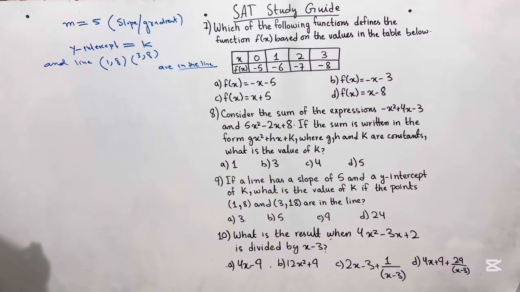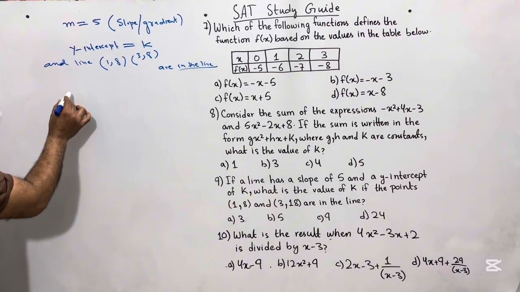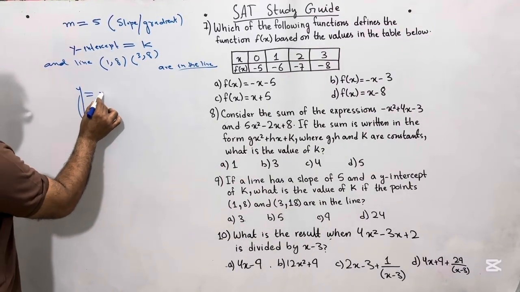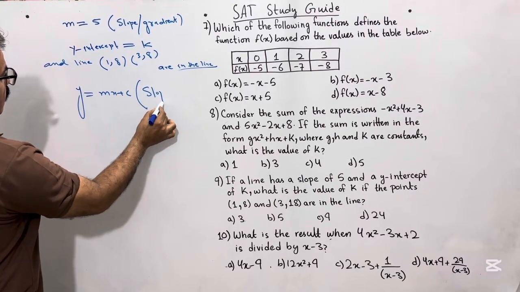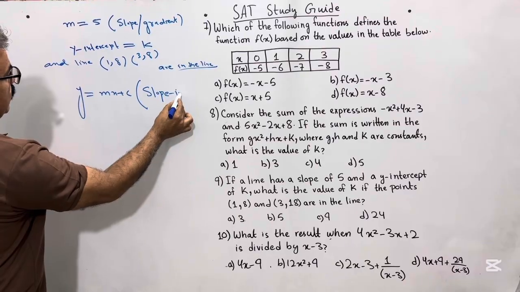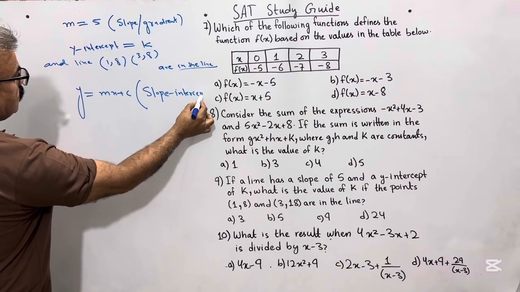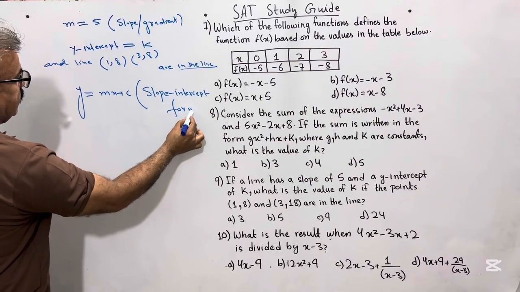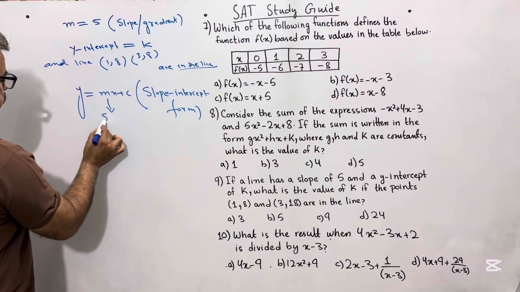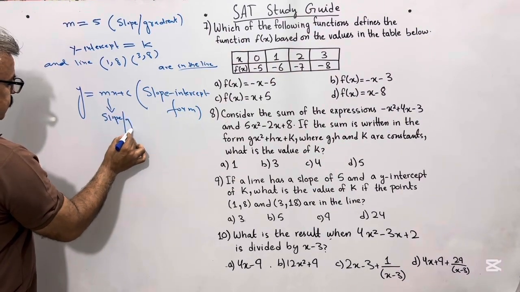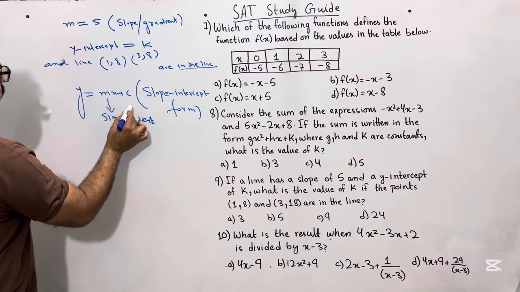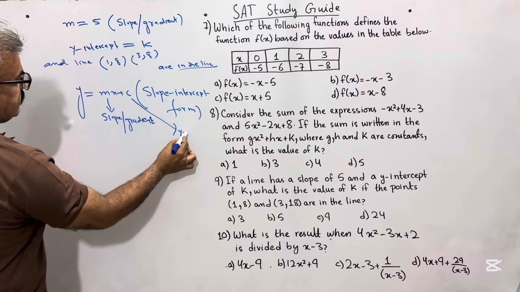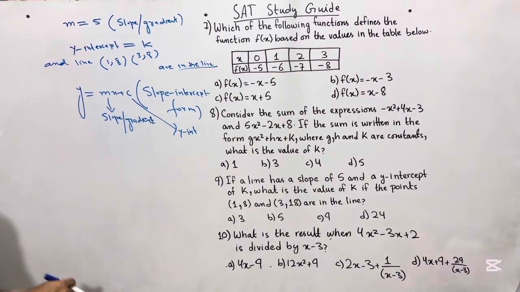It's a wonderful concept. At this level, mostly O level, A level, and SAT students prefer the equation y is equal to mx plus c. It is known as the slope intercept form, where m is our slope or gradient and c is known as the y-intercept.